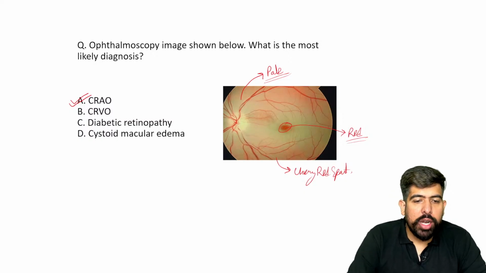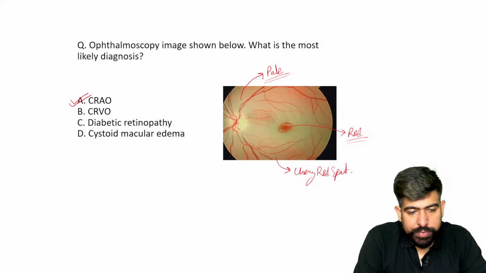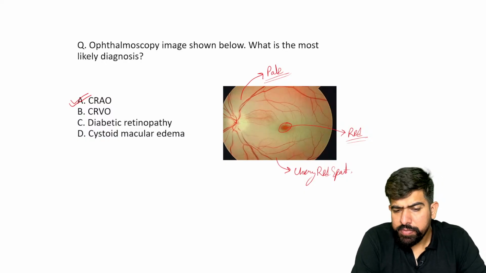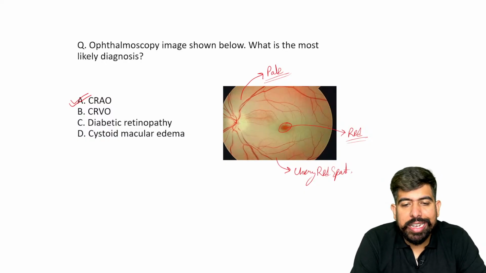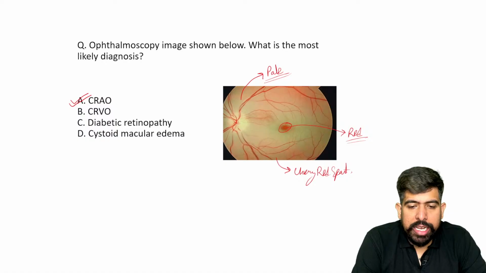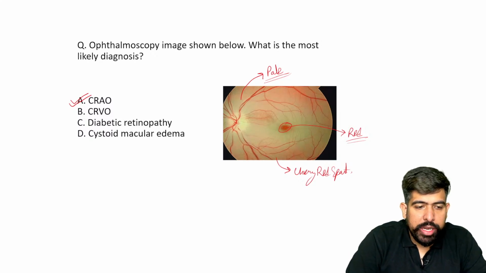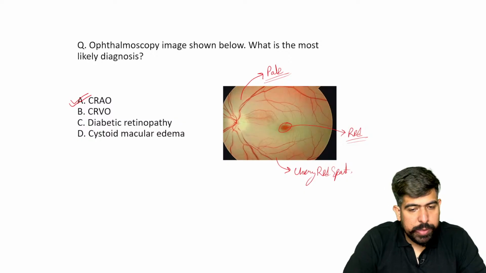This cherry red spot is seen in central retinal arterial occlusion. Okay, so in the arterial occlusion, we are going to see the cherry red spot.